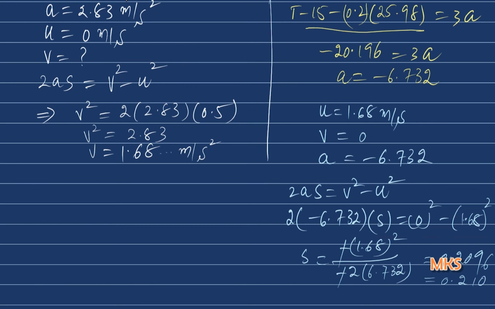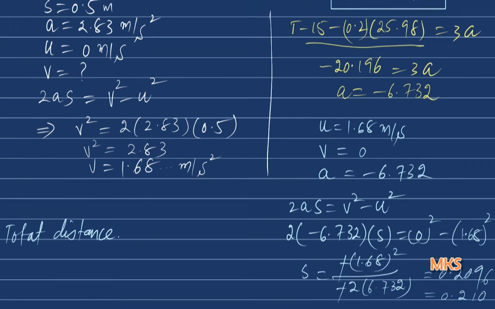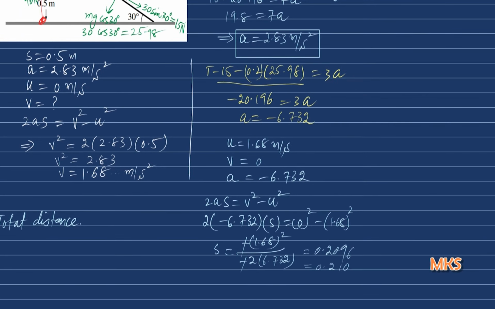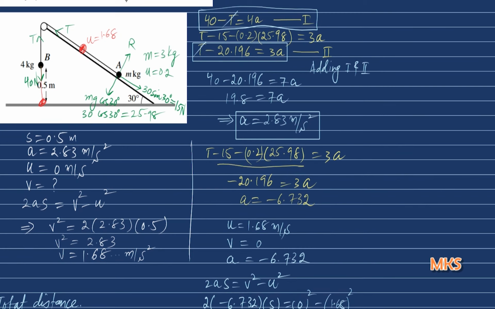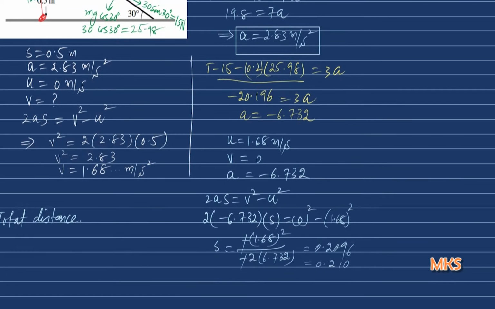So the total distance covered will be, because there are two parts, the first part it has moved 0.5 meters, and now when it comes to instantaneous rest, further 0.210.